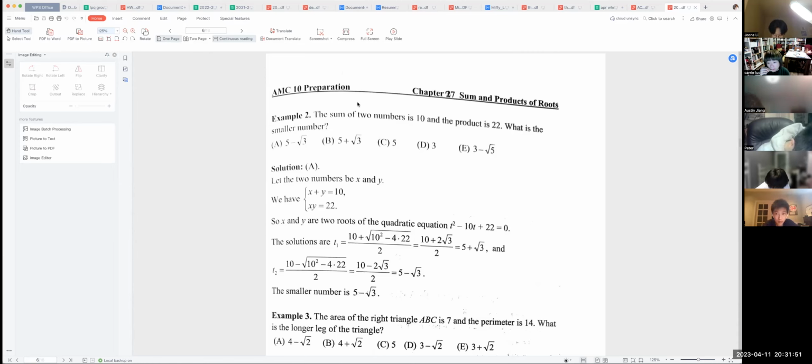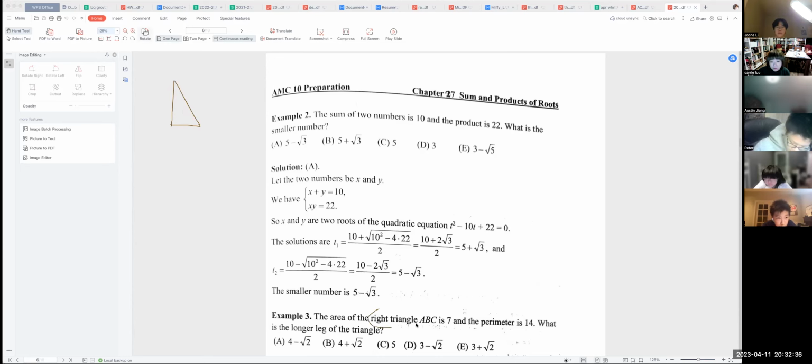How do we do the triangle problem? So everybody, let's take a look at this one.